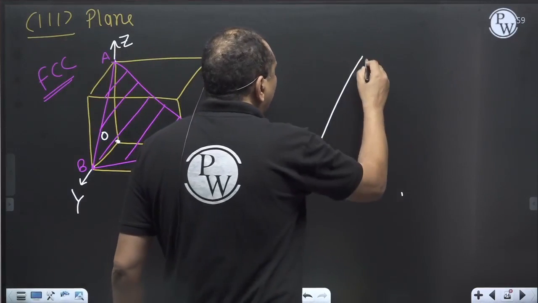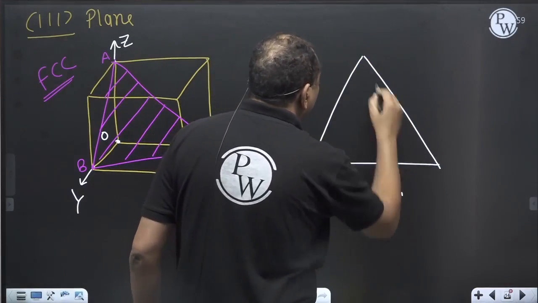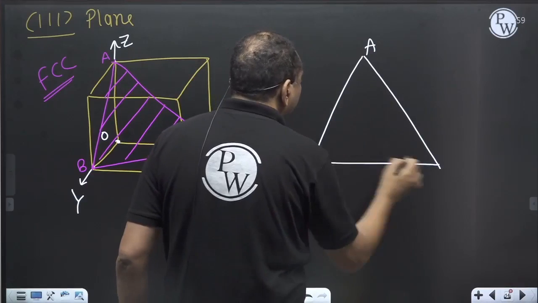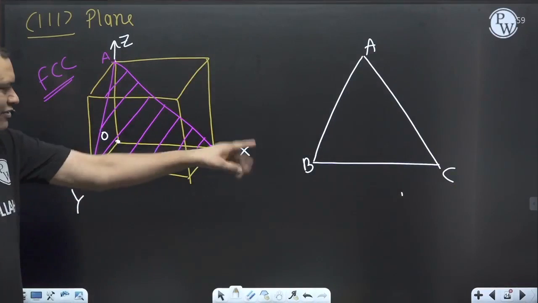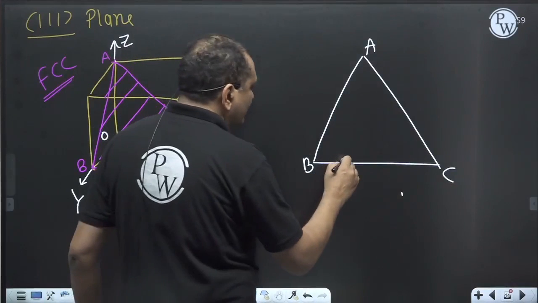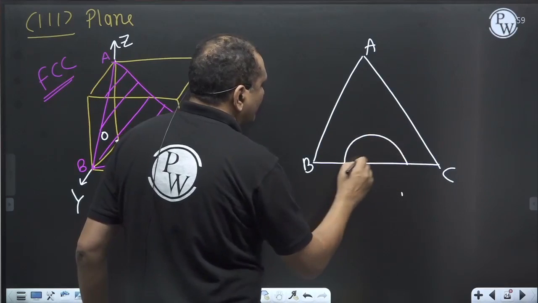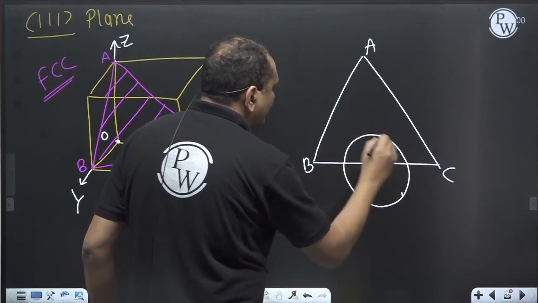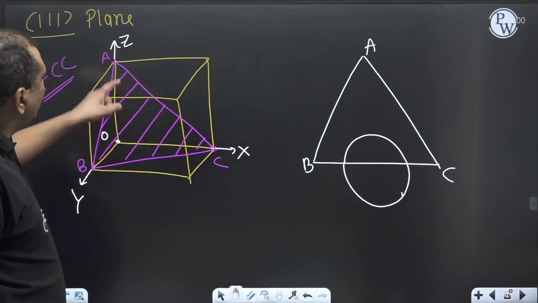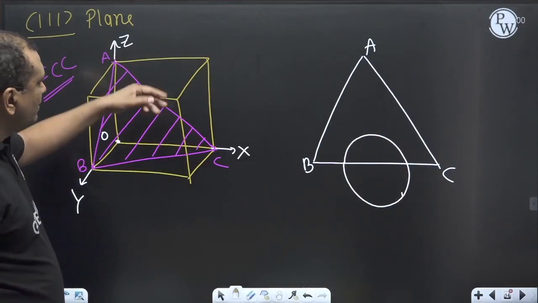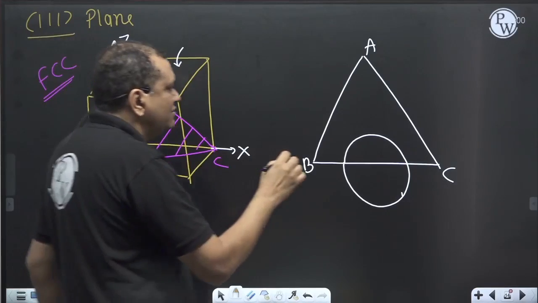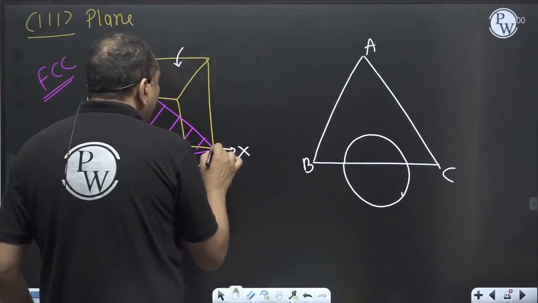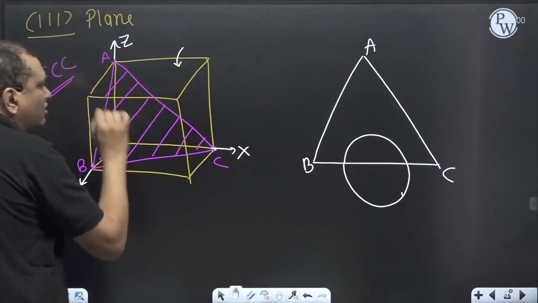So if you plot this ABC, see BC is lying on this face, so that facial atom will appear on that branch. Now this AC, so the atom on this face will appear here, and of course, corner atoms will be there.